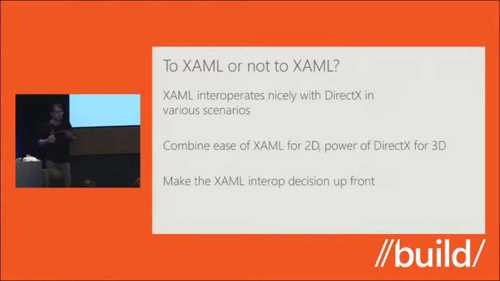But if you want something that's quick and easy, something to just get you going, and something that, by the way, conforms to all the Windows 8 design guidelines that we provide, you can just use XAML, and it works great right out of the box with your DirectX app. And of course, there are other considerations you have to make. Do you know XAML? Do you want to learn XAML? If you're a pro at DirectX, maybe just go with the pure DirectX C++ route.